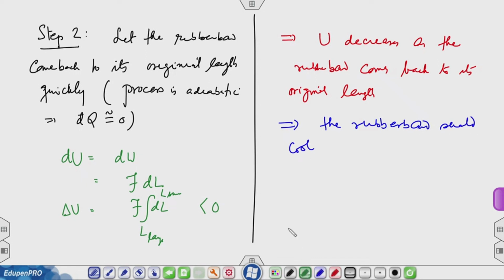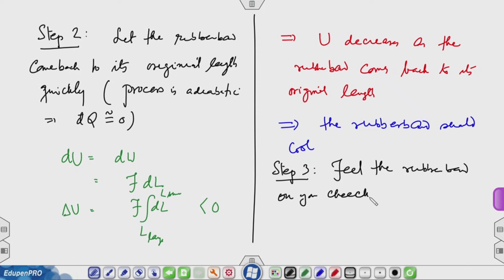So step 3: feel the rubber band on your cheek. That is a very sensitive area, so you can immediately make out any small temperature difference and see if it has indeed cooled down.